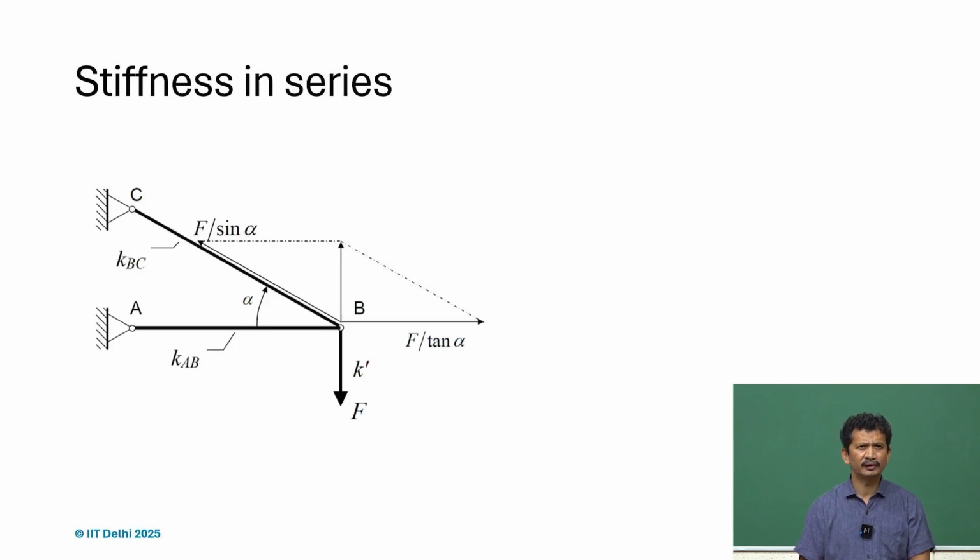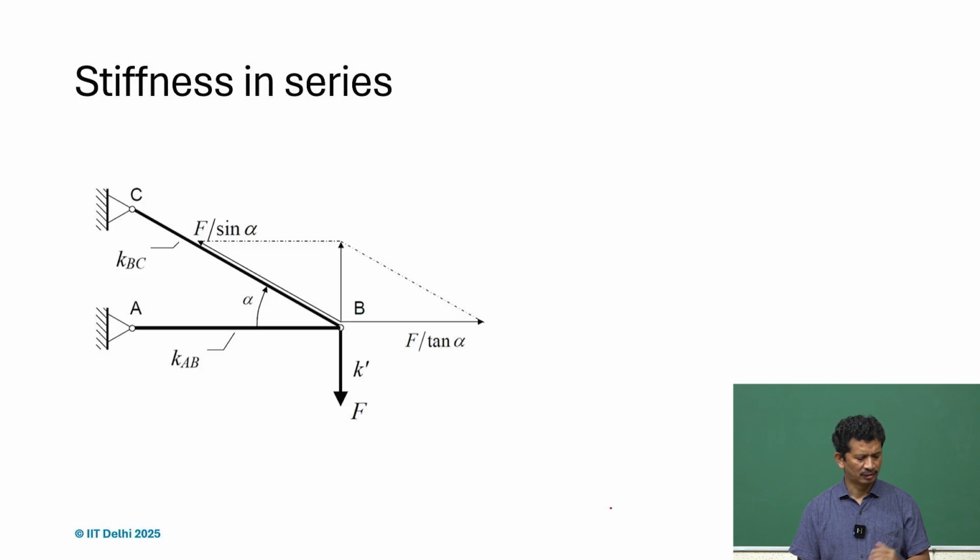There are many cases where the links are connected in different ways, not just as we have understood till now, where they are either parallel or inline, connected end to end. What happens if it is not connected in that fashion?